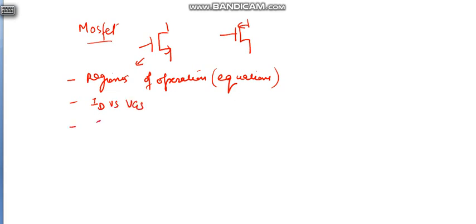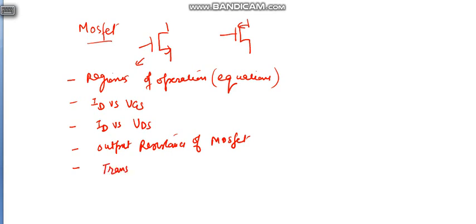Then we will discuss ID versus VDS graph. Then we will discuss output resistance of MOSFET. After that we will discuss transconductance of MOSFET. Okay, so let's start.